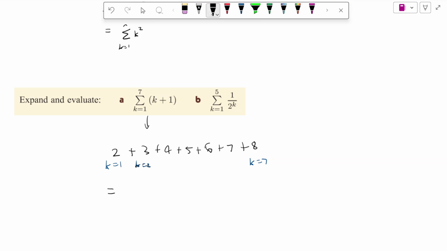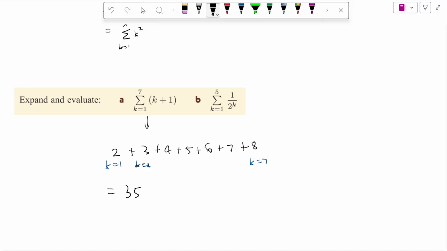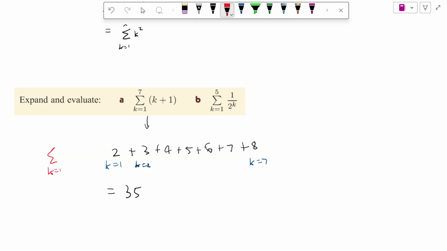If we want to work this out, you absolutely can do it without summation notation. There we go, 35. But if we want to use summation notation on the calculator, it's going to make it much quicker and easier for us to do that. So this would be x plus 1, and x can go from 1 up to 7, and you get 35 as well.